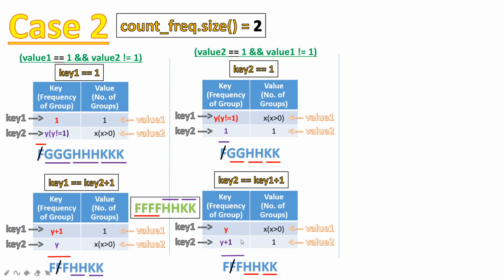Why not, you know, the difference must be 1? Why does it need to be specifically in this order? Let's look at an example. Over here, we have two groups having three frequency. So F is occurring 3 times, H is occurring 3 times, and K is occurring 2 times.